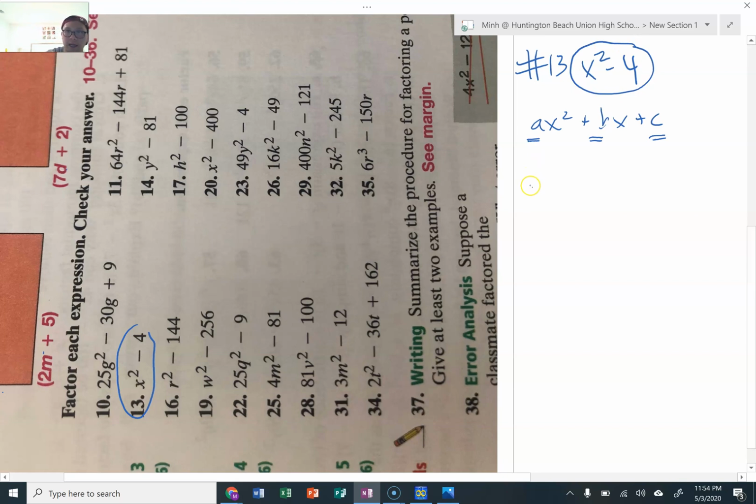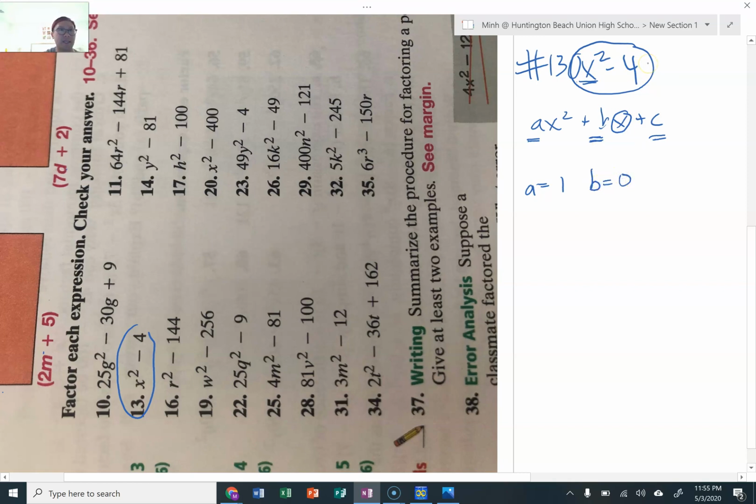Well, I know that my a is going to be 1. Why do I know that? Because there's no number in front of the x squared, so we apply that it's an invisible 1. Now, our b doesn't exist, but we can't just ignore it. Our b doesn't exist because it's not attached to x to the first power. There's no x to the first power in the original problem. So it's okay to say that your b is going to be 0.